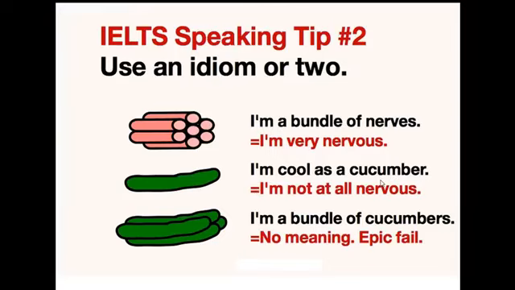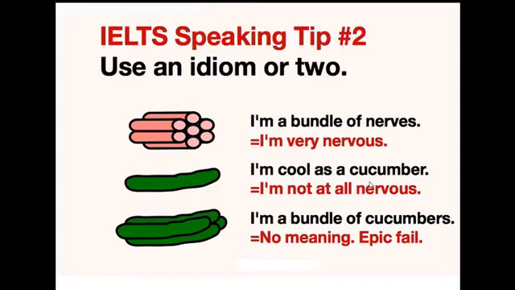A good example is when you're talking about any challenge or risk to take in your life. So you can say, I'm as cool as a cucumber when it comes to taking challenges or bearing difficulties in life. So I would go easy with all those kinds of adventurous activities.